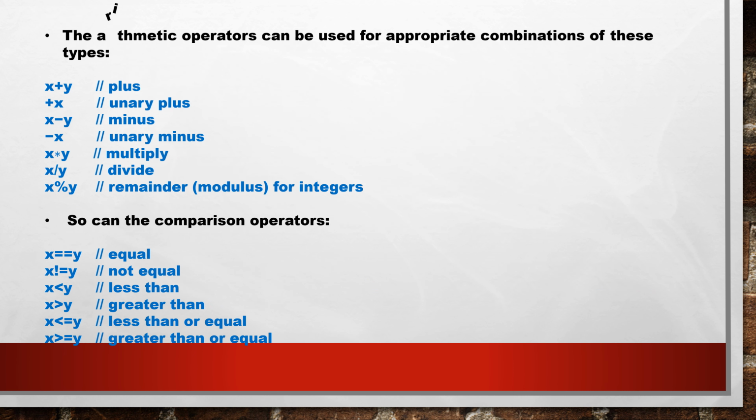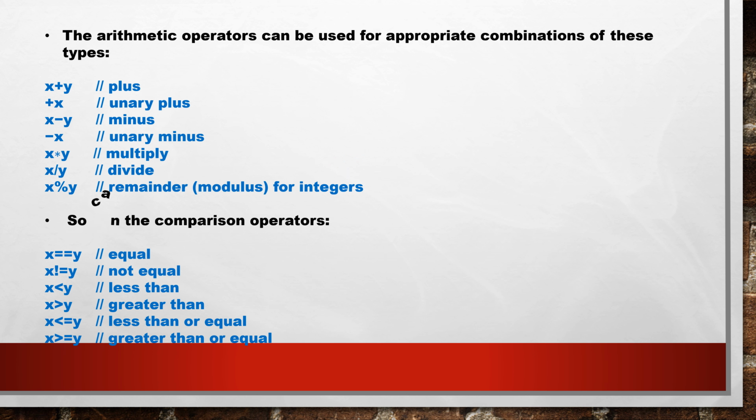The arithmetic operators can be used for appropriate combinations of these types. x+y plus, +x unary plus, x-y minus, -x unary minus, x*y multiply, x/y divide, x%y remainder (modulus) for integers.